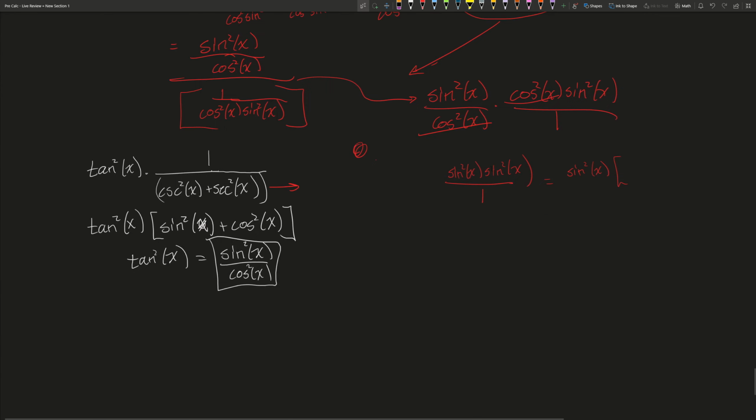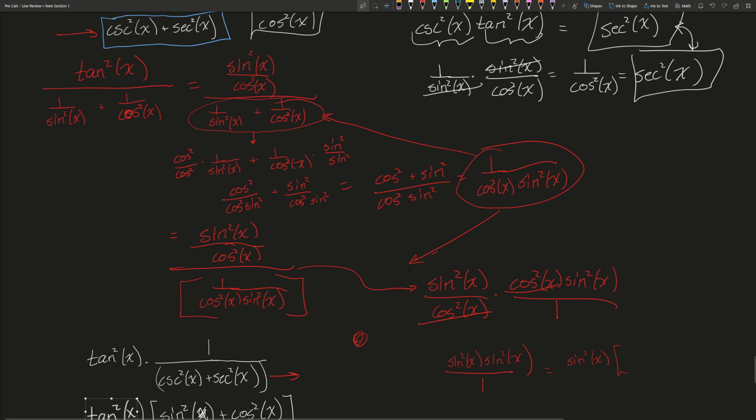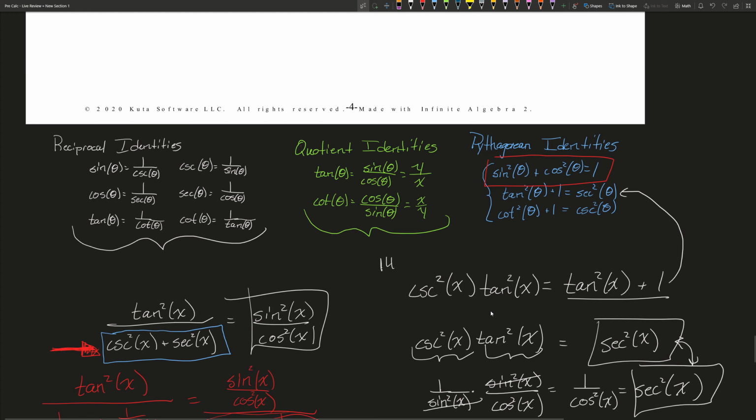So we just replace those, and it's just 1. And then we're just left with tangent squared. And tangent squared is equal to sine squared over cosine squared. All this in red is way more confusing than what I want it to be. All I want is for you to see that this in blue looks like this.